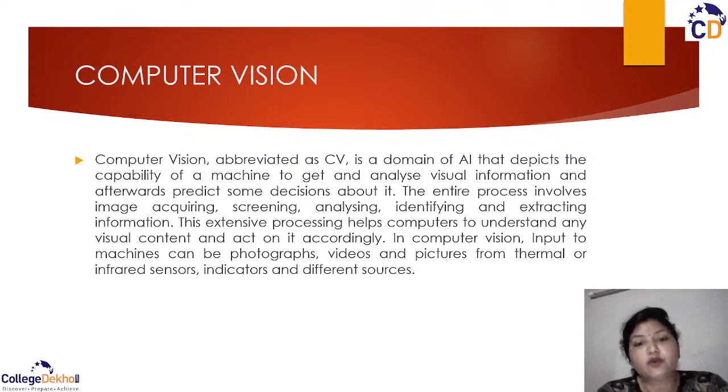Our input to this particular model can be photographs, videos, or pictures, and you can take these pictures from any source. We have discussed the various sources from where we collect the data, and they are segregated into two kinds: offline sources and online sources. If I'm talking about online sources, there are a number of websites providing data sources.